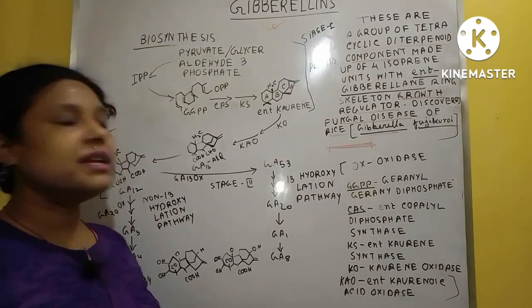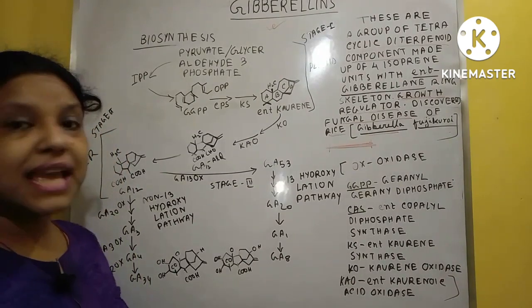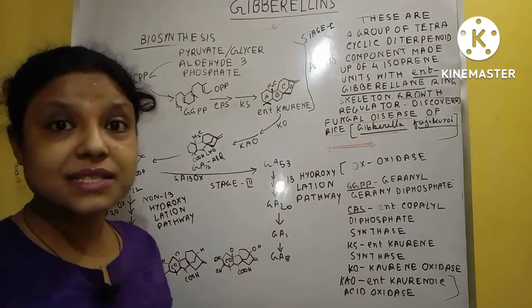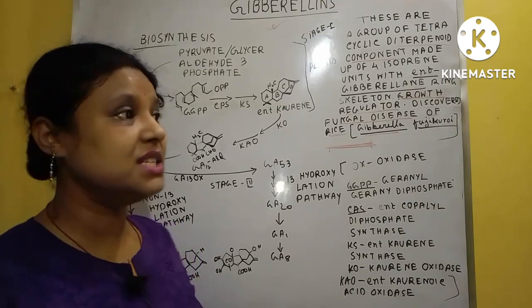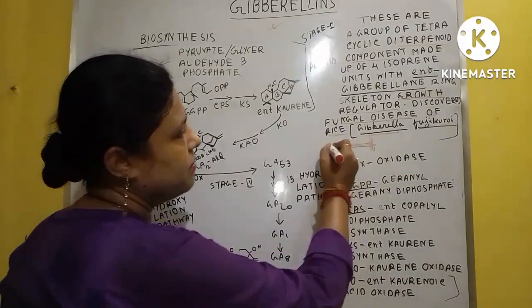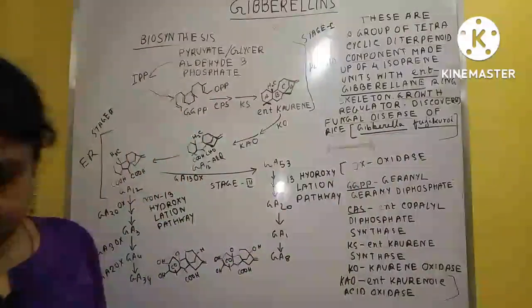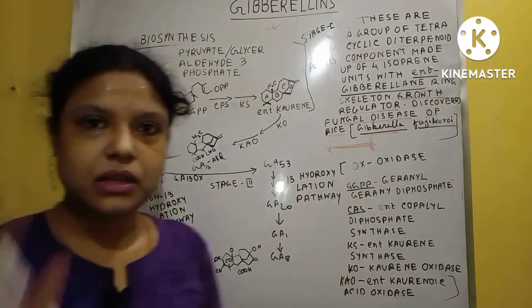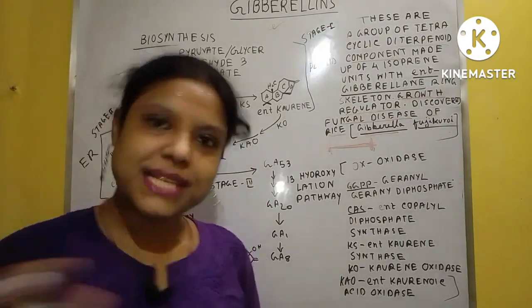After analysis of gibberellin's function, it is seen that it acts on the internode system of the plant. In the stem there are nodes and internodes.